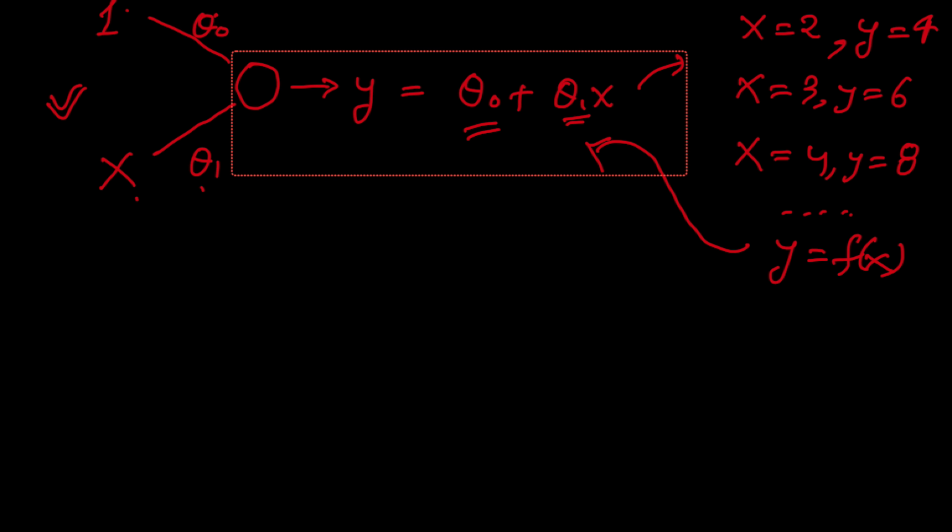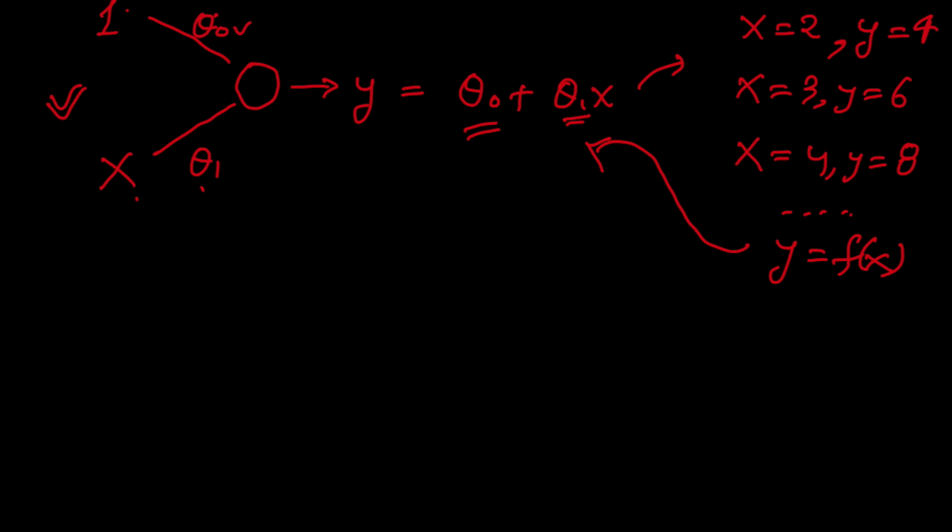In order to do that, first of all we need to understand that if we find some theta naught and theta 1 and apply this function, we get some value y. How do I know how good or bad this y is? We simply compare this y to the original y and find a difference that tells us how good or bad it is.